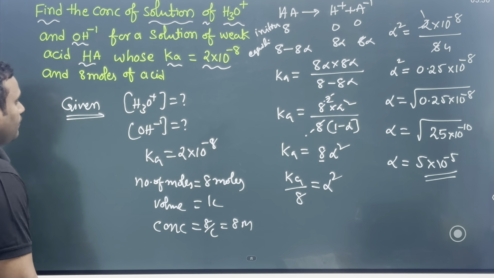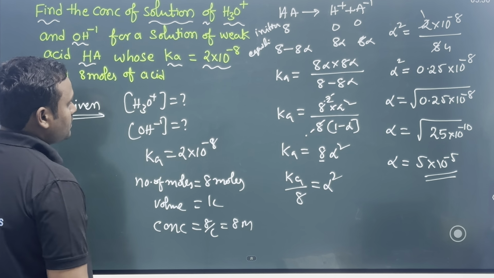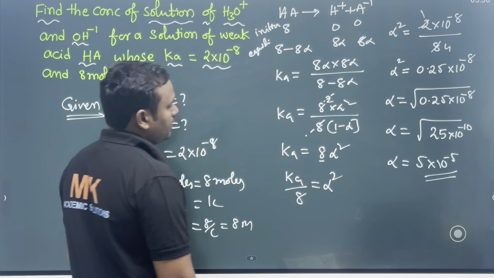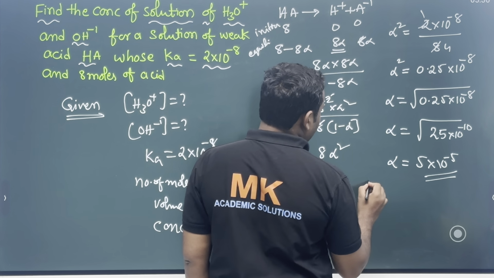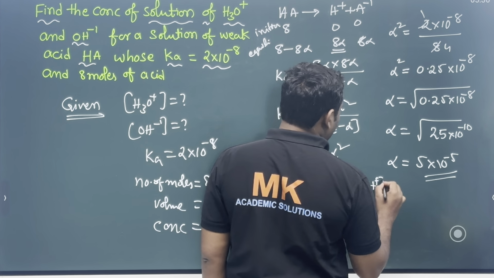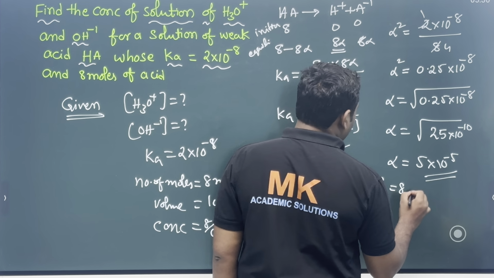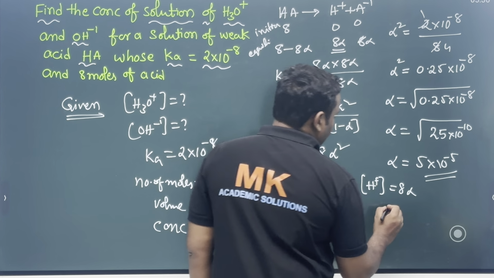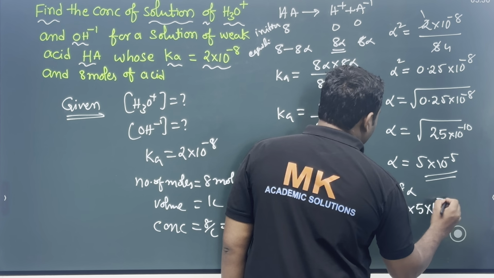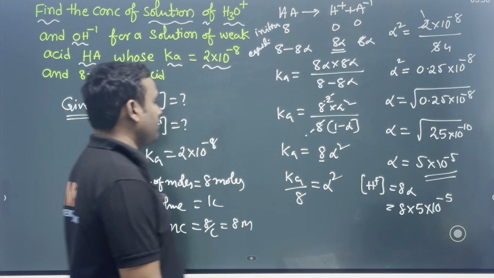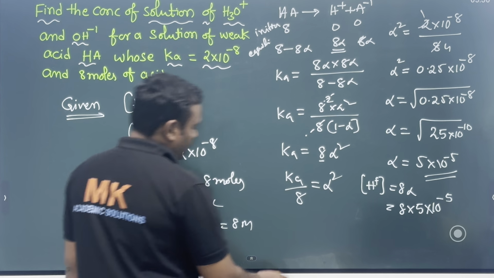So when you know the alpha value, what is the concentration of H plus ion? It is 8 alpha. So 8 into 5 into 10 to the power of minus 5. This is the concentration of H plus ions. Okay.